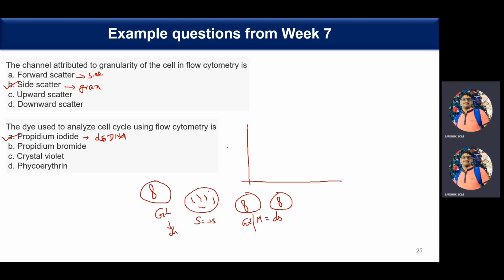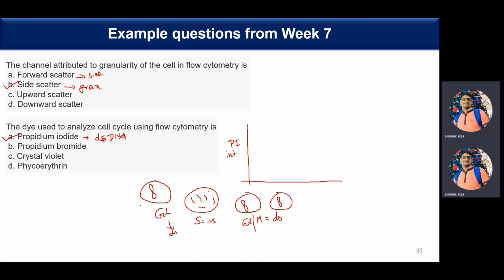So what happens if we plot PI, propidium iodide intensity?